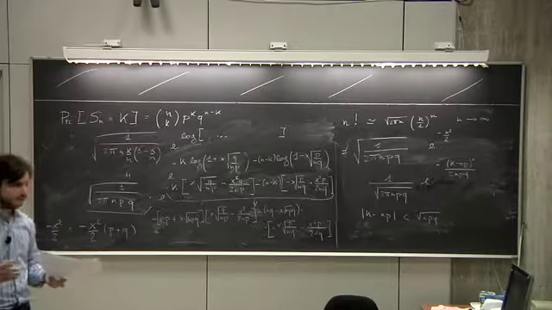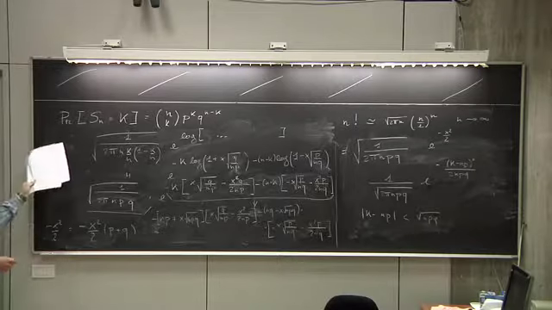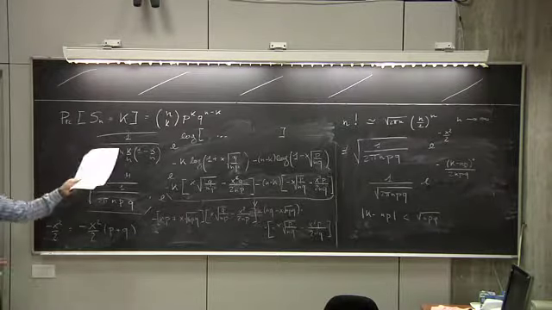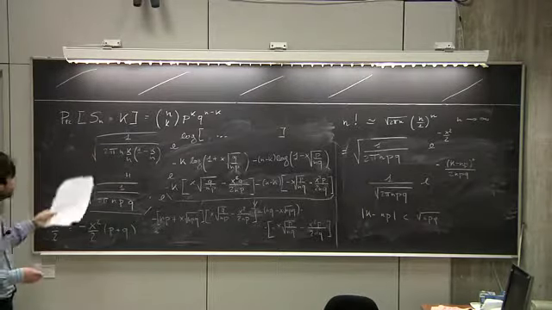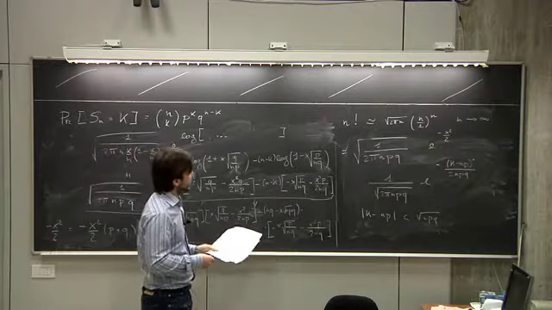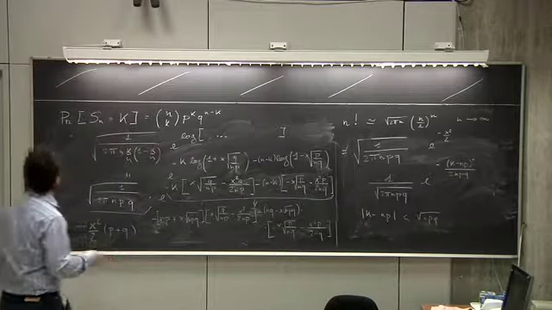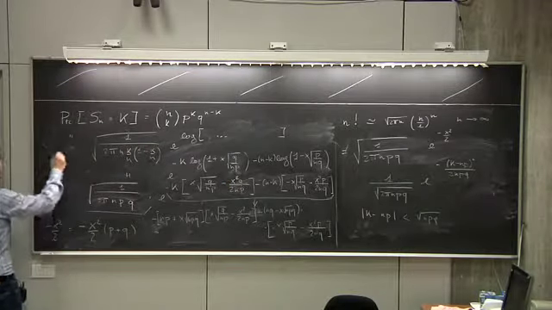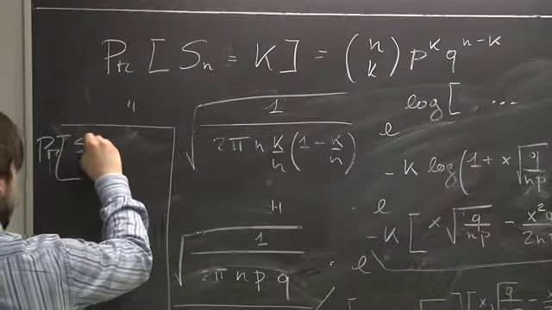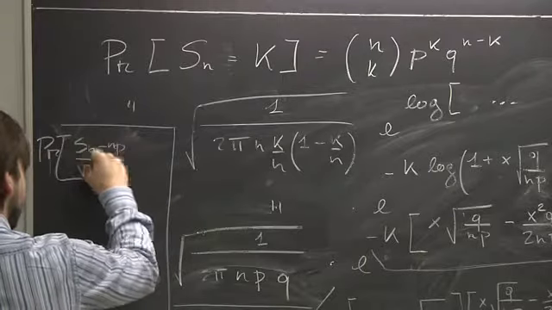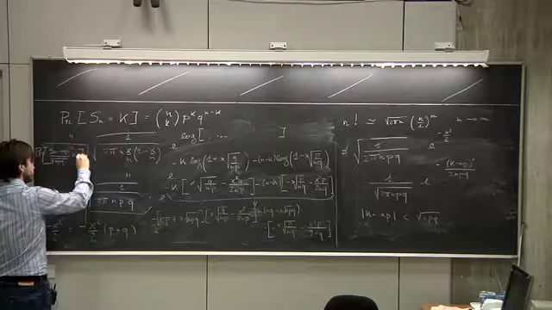Okay. Very brief recap. I've not been completely rigorous, but the probability that Sn is equal to k, so essentially the number of successes, that's k, can be approximated by this expression, right? Which is also, as I told you before, exactly equal to the probability that Sn minus mp divided by square root of mpq is equal to xk.